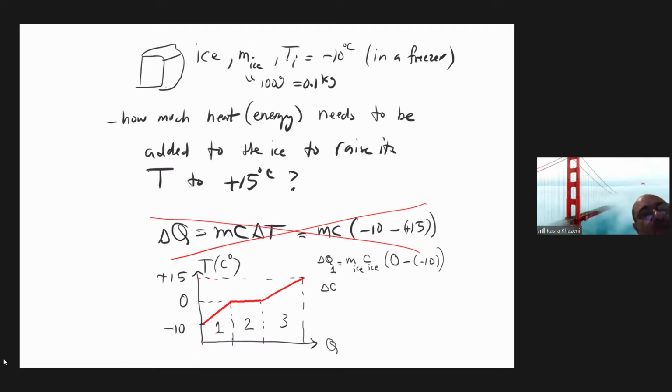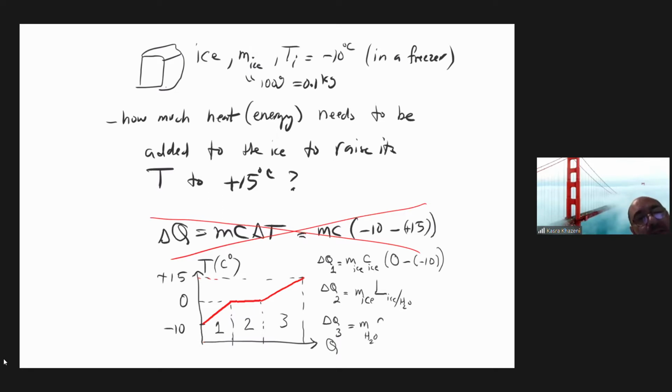And the amount of heat I need for the second is mass of the ice times the heat of fusion of ice. And the third part is, again, now water, which is mass of the water, which is the same as mass of the ice, because it's the same mass.